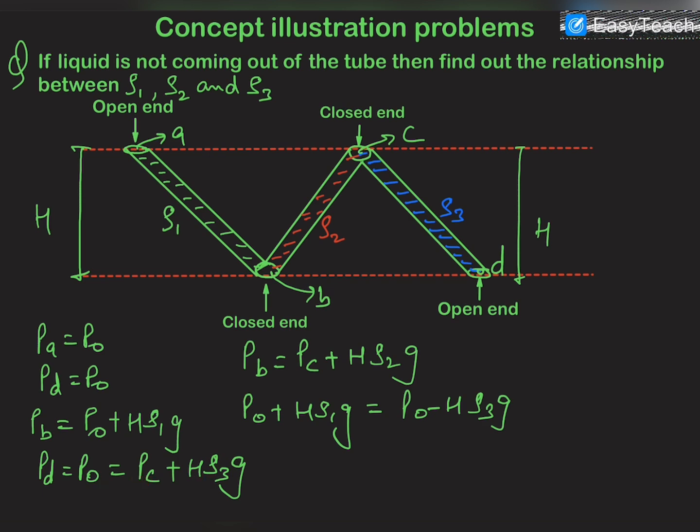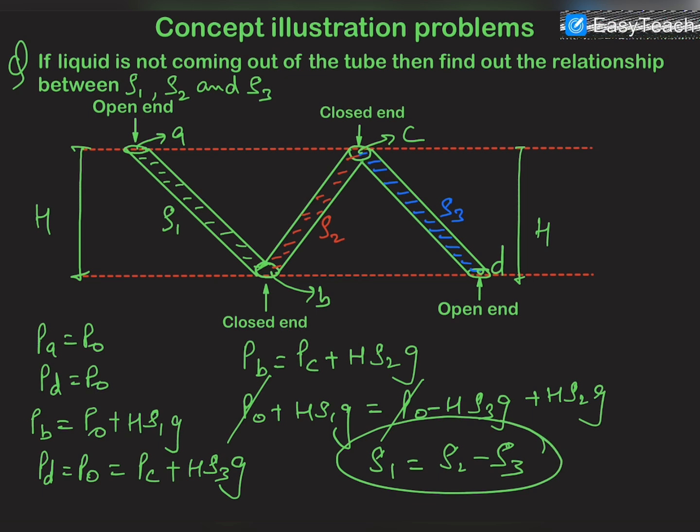So P naught plus h rho 1 g equals P naught minus h rho 3 g plus h rho 2 g. Cancelling P naught with P naught and h g being cancelled out, rho 1 will be equal to rho 2 minus rho 3. This will be the final relationship between these densities.